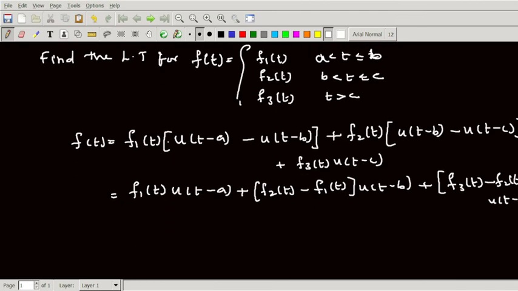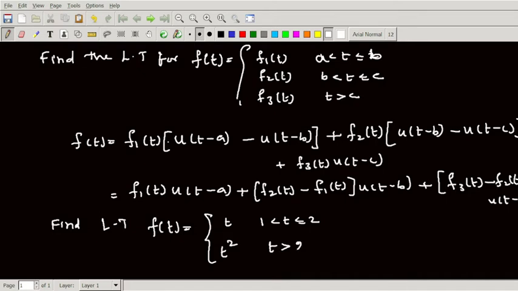So here, find the Laplace transform for the function f of t equal to t in the interval 1 less than t less than or equal to 2 and t square in the interval t is greater than 2.